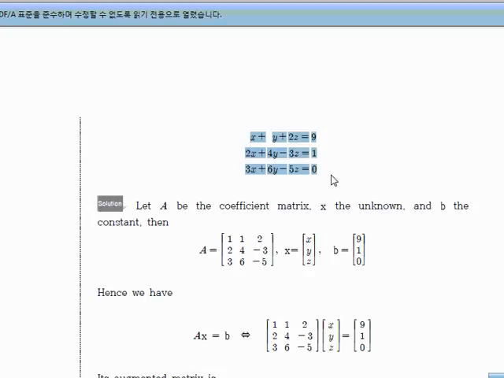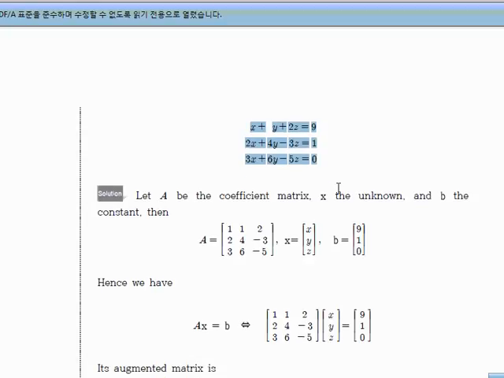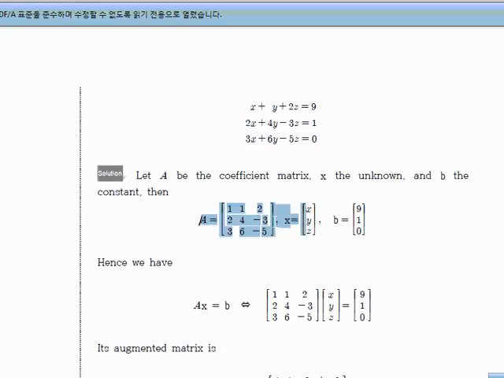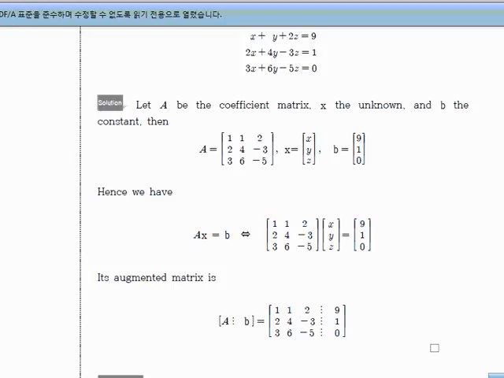Suppose we have a linear system like this, then A, X, B can be written in this way, and the system can be written in this way, and the augmented matrix can be found in this way: the matrix with this B vector at the end.